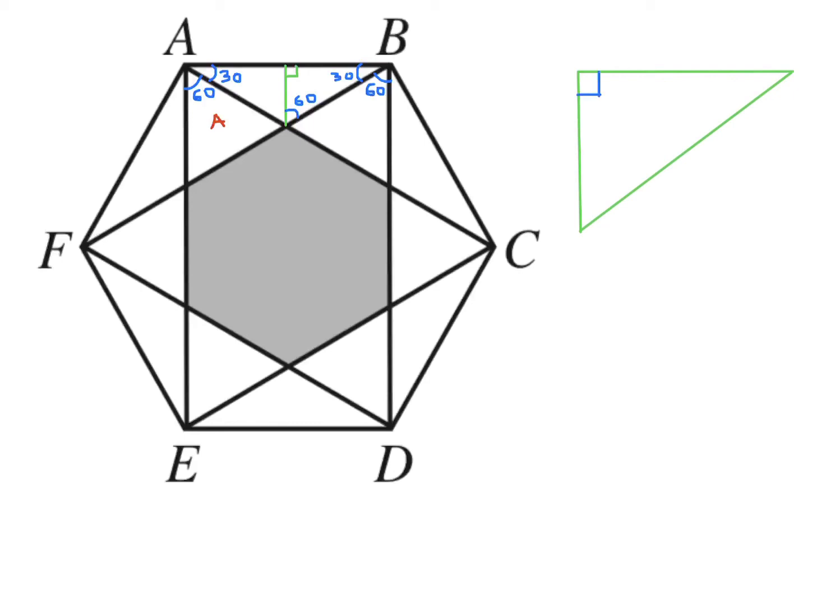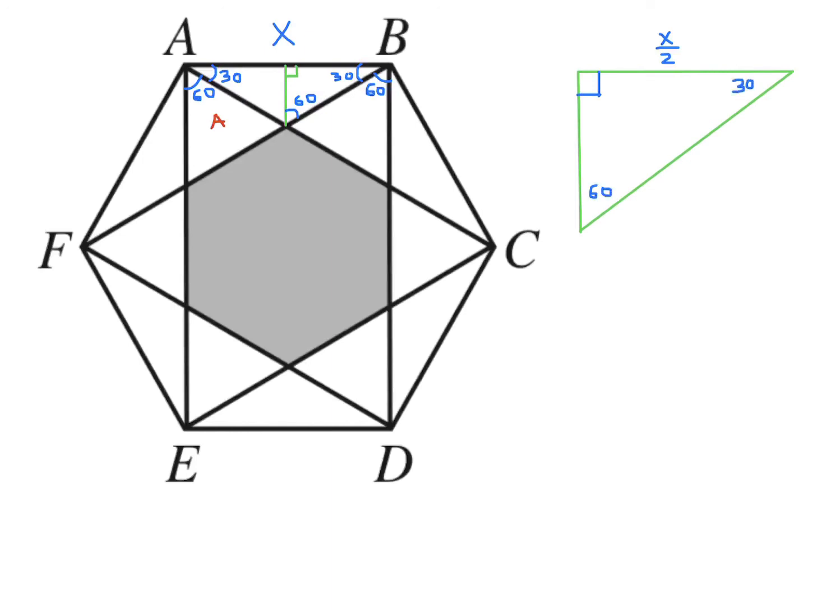Now, from A to B is what? Well, we don't know. We had labeled it x. So therefore, from here to here is x over 2, because this green perpendicular cuts AB in half. Now this is a 30, 60, 90 triangle.